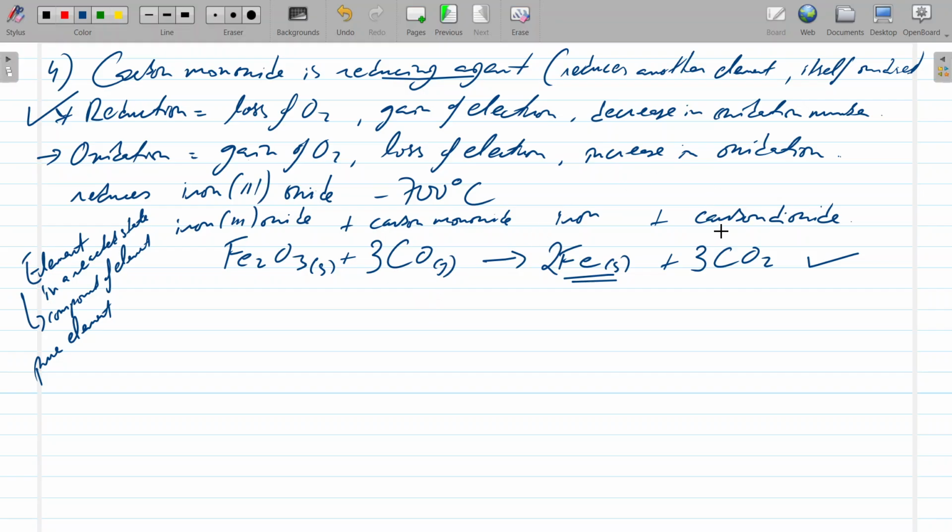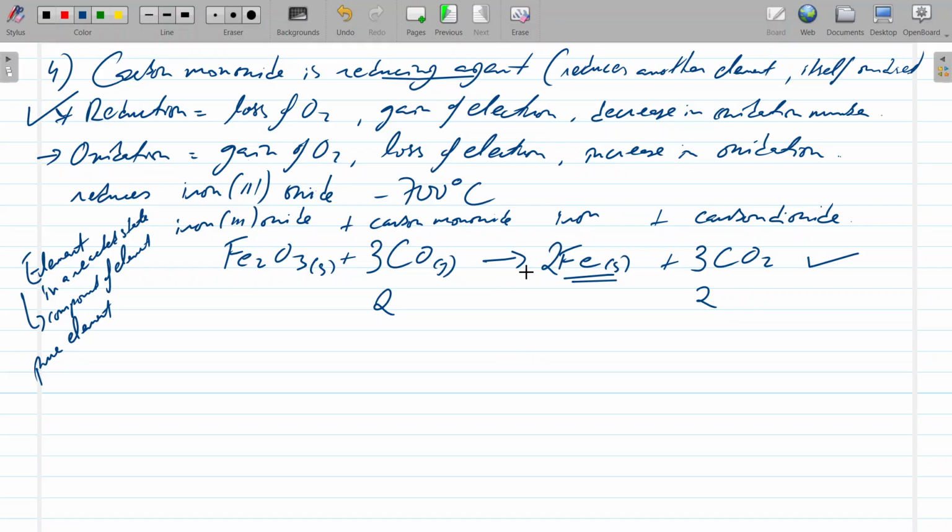If initially we put 2, oxygen was balanced, but then carbon wasn't because you've got 2 carbons on the product side, 1 carbon on the reactant side. If you put 2 over here to make the carbon balanced, you end up with 5 oxygens on the reactant side and 4 oxygens on the product side. So that doesn't solve anything.